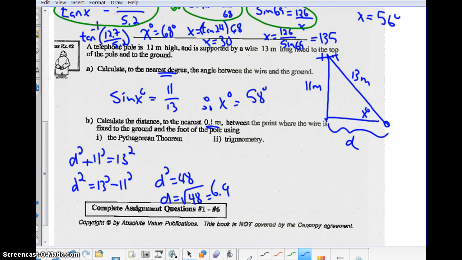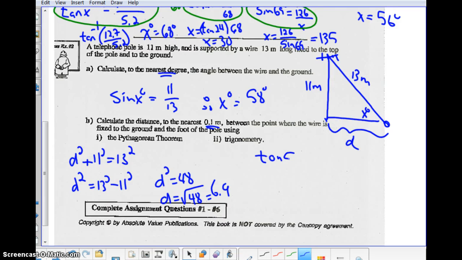We can do it with trig using the 58 degrees, and I could use several different ratios, but I think I'll use tangent.